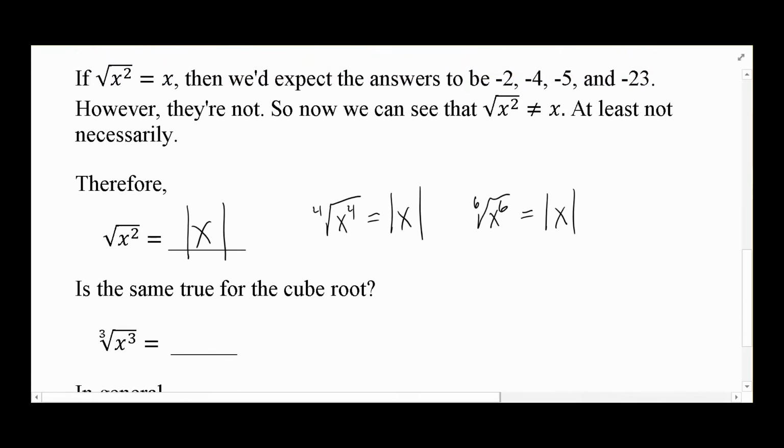Is that true for the cube root of x cubed, though? No. Because if I plug in a negative number and cube it, the answer is negative. I didn't lose any information. I know that it came from a negative number. When I take the cube root, I stay negative. So in the case of the cube root of x cubed, it really is just x, no absolute value needed.